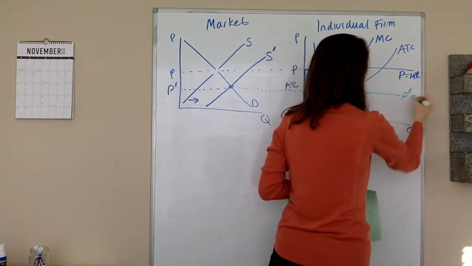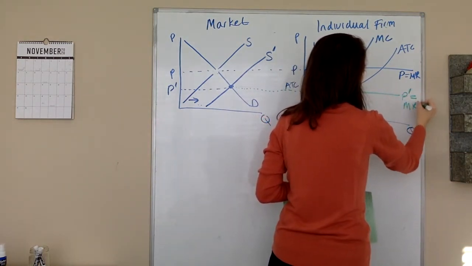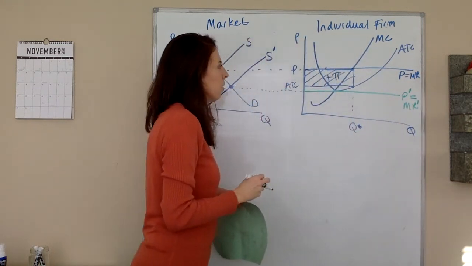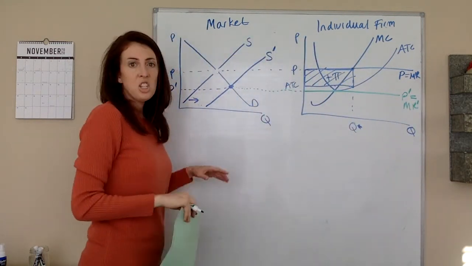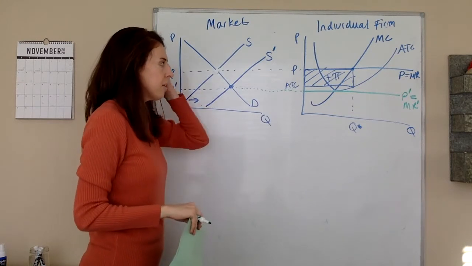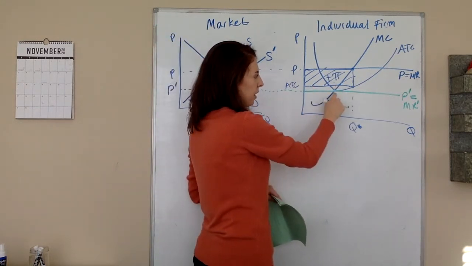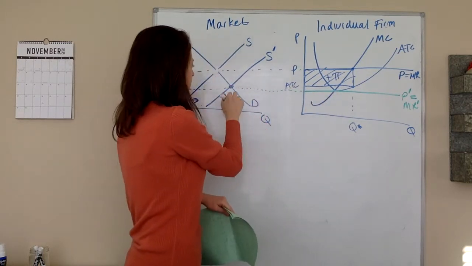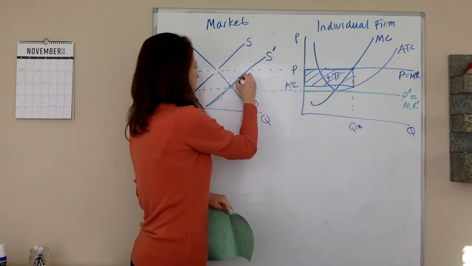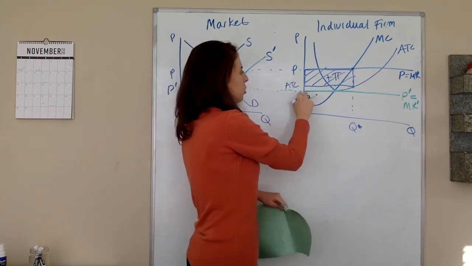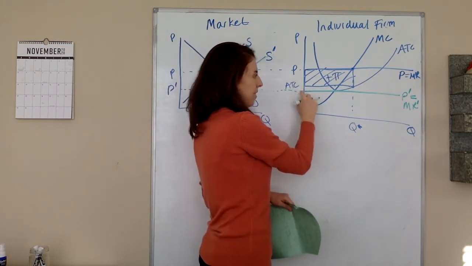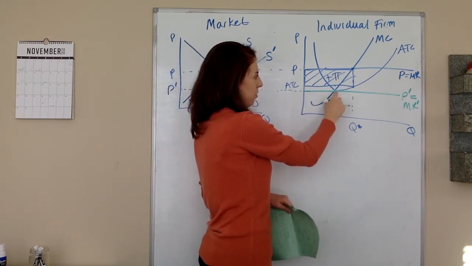It's like price bar equals marginal revenue bar prime. Okay, this changes the game entirely, right? Because specifically, the way that I've drawn this is that when the supply curve shifts over, the new equilibrium is going to get us to a price that's at the bottom of the average total cost curve.